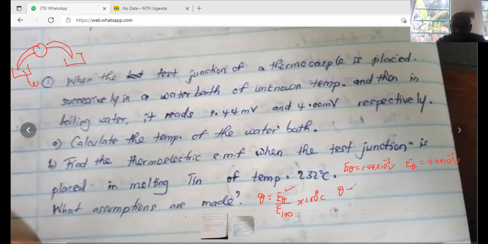Therefore, when you substitute for theta, you will get 4.0 times 10 power negative 3 divided by 1.44 times 10 power negative 3 times 100. We can cancel these, and then you simplify with a calculator and give me the answer.